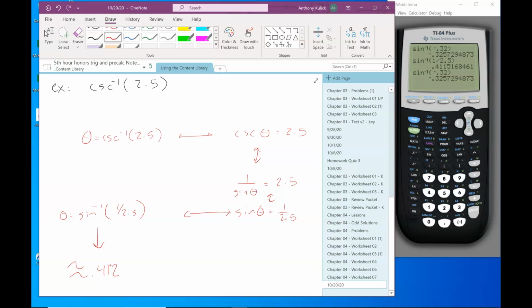Is everybody okay with the algebra steps I did there to work that out to give me something I could type into my calculator? Elizabeth? Of course.